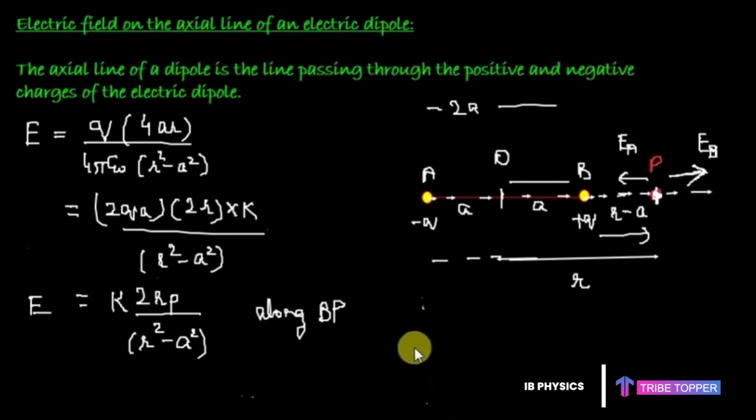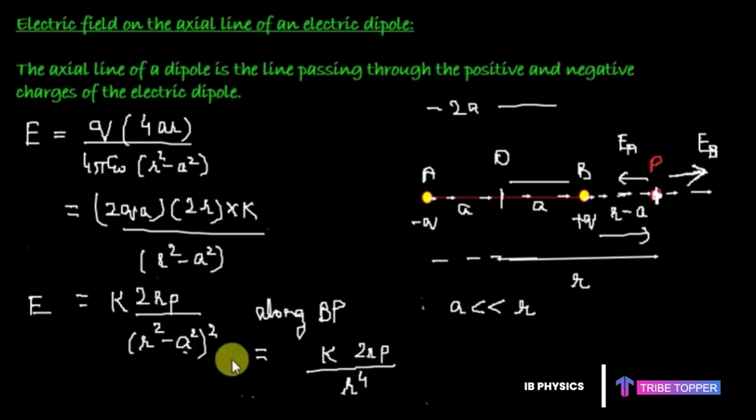And if I have a special case that my dipole is very short, I mean for an extremely short dipole, this distance a would be ignorable as compared to r. Therefore we can just omit this a square, so it becomes k times 2rp upon r raised to the power 4, because I've just ignored a square and one r would cancel.